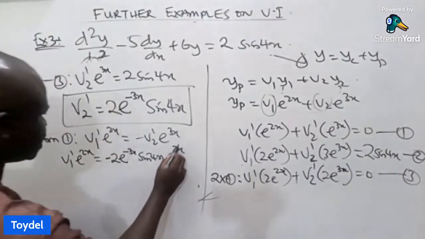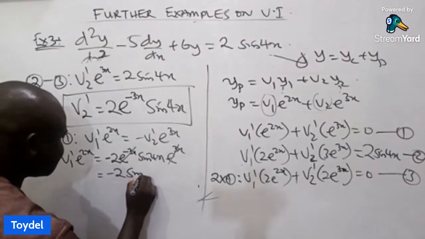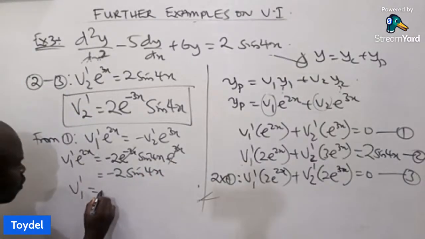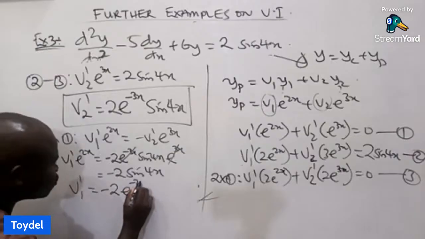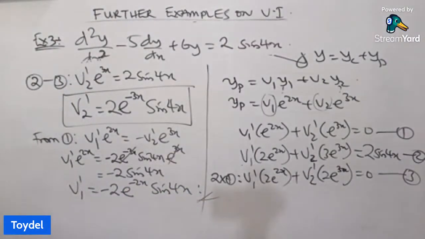That's what we're going to get. Then this should be able to take care of this. At the end of the day, we have minus 2 sine 4x. Finally, v1 prime will be equal to minus 2 e^(-2x) sine 4x. That's what we're going to get as the value of our v1 prime.